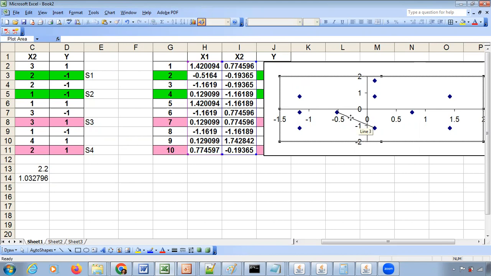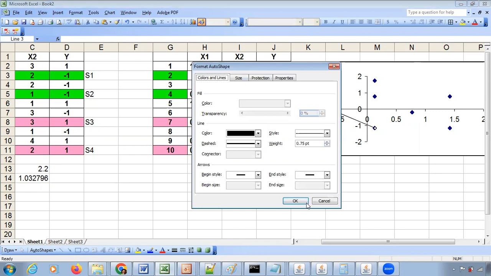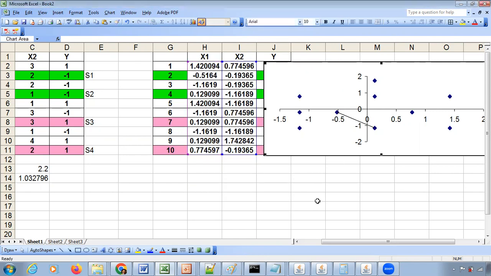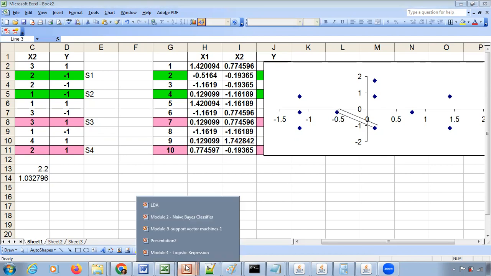Sorry, I should probably use the arrow. Hmm, that's not working. Let me see if it's possible in PowerPoint. I think it's possible in PowerPoint.